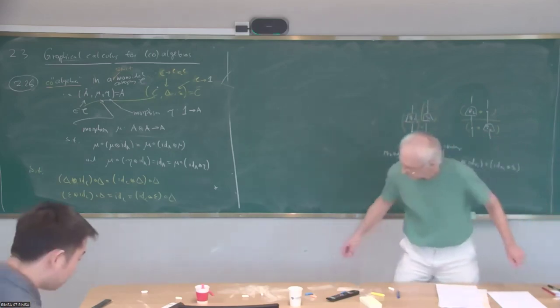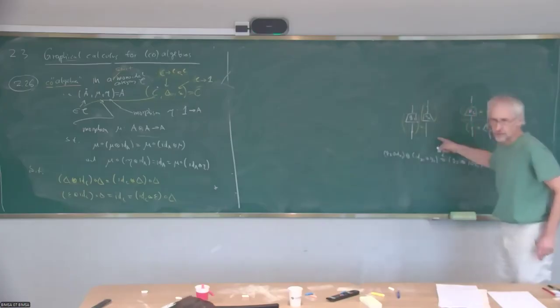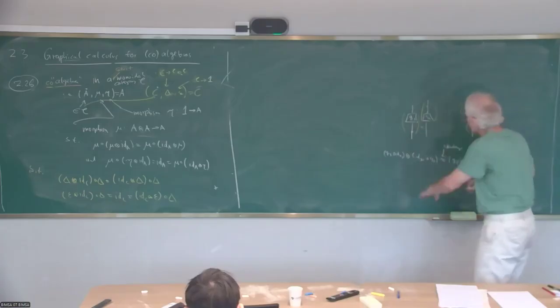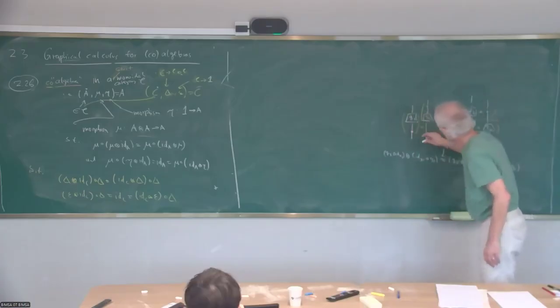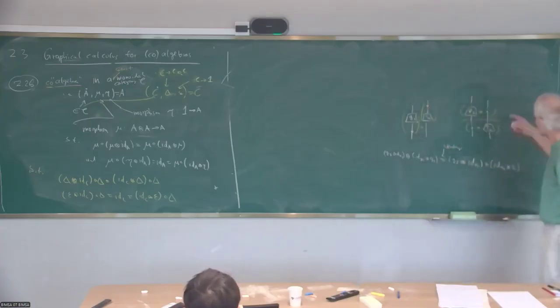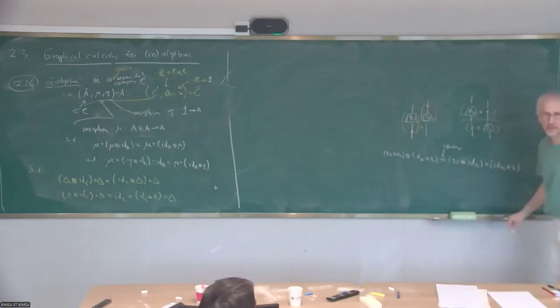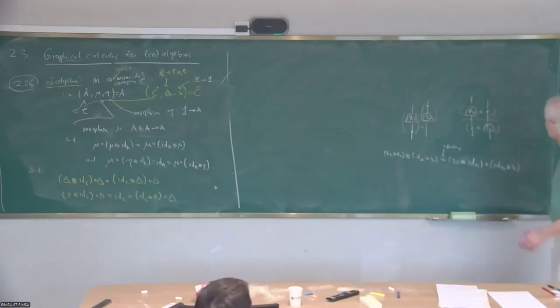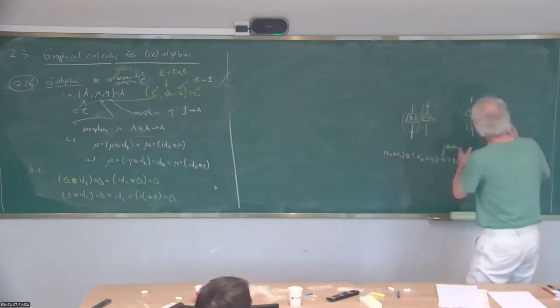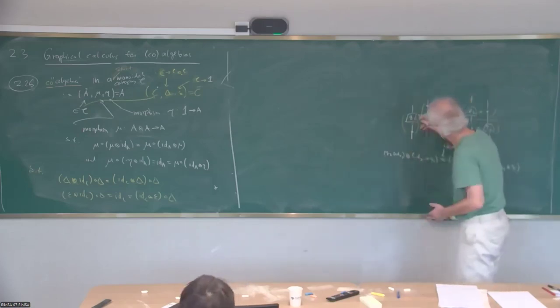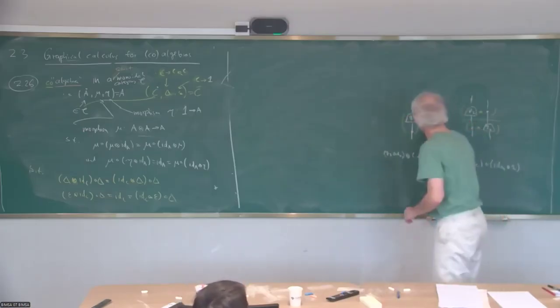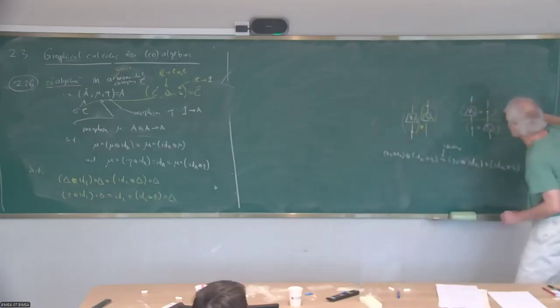Just a small correction. When I quickly drew this picture concerning the interchange law, I said I moved these things around. It was correct to say I add an identity here and an identity here, but of course I have to do the same thing on the other side. And to be more explicit, what we do in this picture is we first compose here, and then take the tensor product, whereas here we first take the tensor product, and then compose.